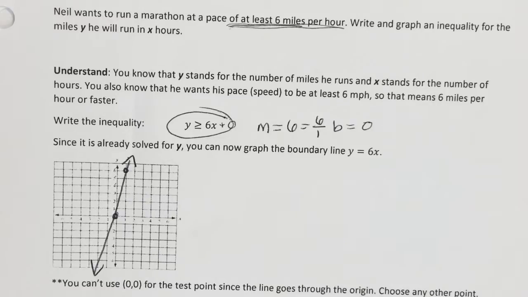Going this way is greater than. Jeremiah made a good point. Does it make sense for this line to go down here in the negative? No, it really doesn't make sense. Some people will draw their line where it doesn't go into the negative, and some people will draw it where it does.